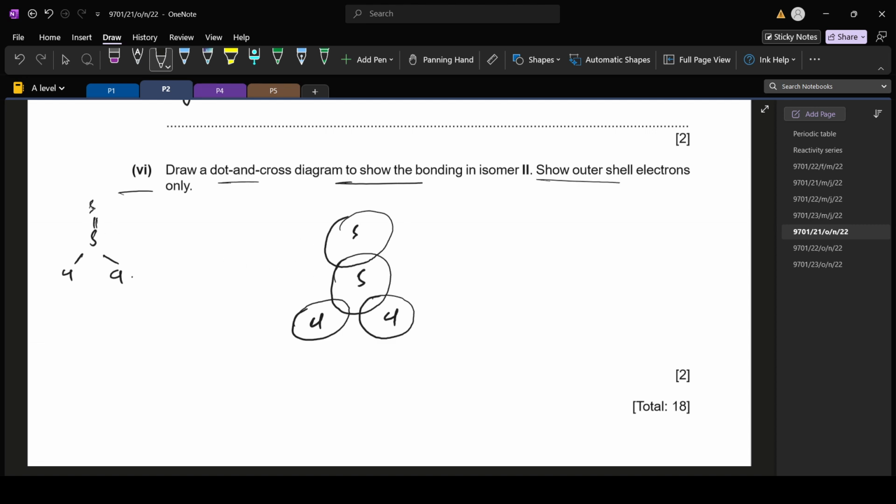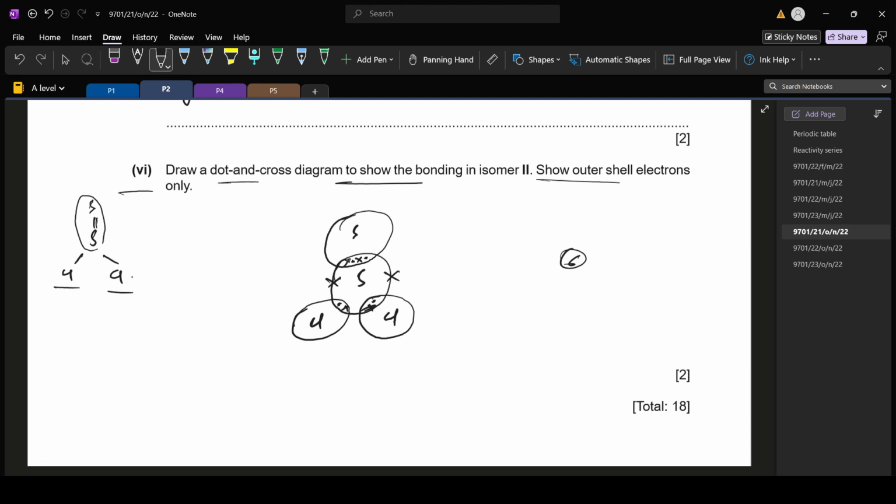Now the two sulfurs are double bonded, so they will share 2 electrons here, and both chlorines form a single bond, so single electrons are shared. Sulfur has 6 electrons in its outer shell, and 2 are bonded, so the remaining will be like this. I'm showing this sulfur with X and this with dot.